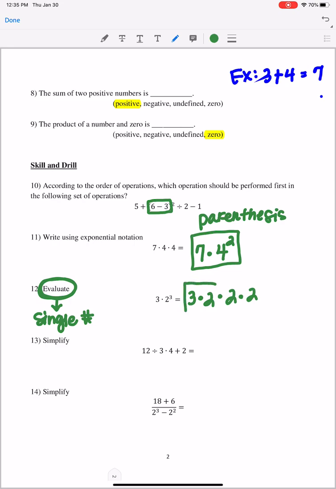So keep multiplying. 3 times 2 is 6. Bring down everything else. Some people will stop here. Do I have a single number answer? No. Keep going. So 6 times 2 is 12. Some people stop here. Are we to a single number answer? No. So keep going. 12 times 2 is 24. Am I to a single number answer now? Yes, I am.